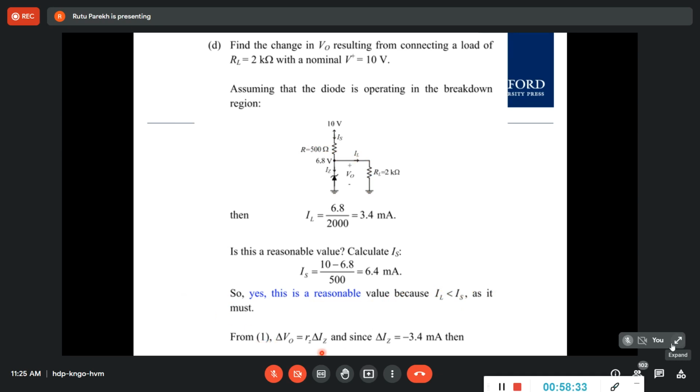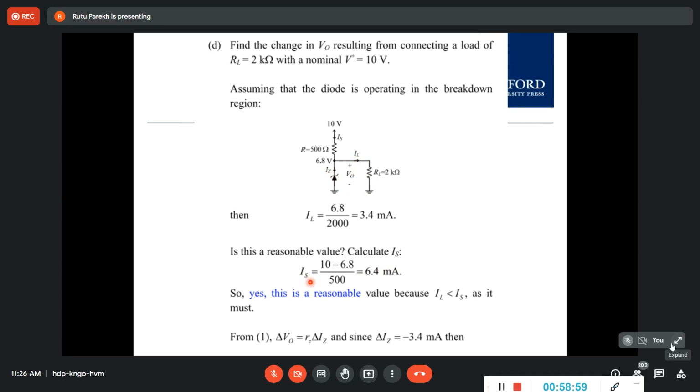What you can say here is that delta V0 is equal to RZ times delta IZ. Now what is delta IZ? It is IL, as I said in the beginning. This IL is nothing but the change in this. So this IL that we found out is delta IZ.